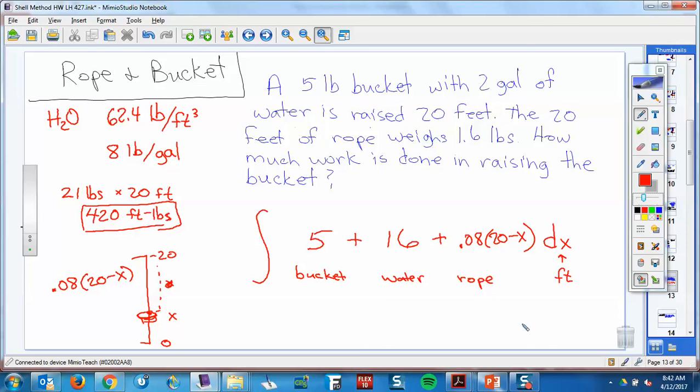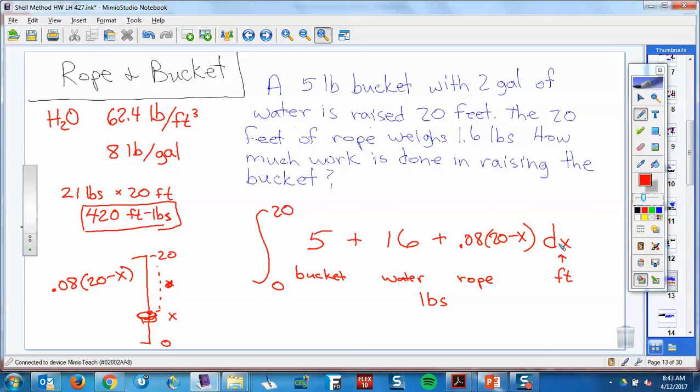When we do a rope and a bucket, it's going to lose so many pounds per foot, because the rope's going to be the same thickness all the way through. And then, what would be our interval here? 0 to 20, because we're lifting it that number of feet. So these three are all pounds, and this is feet, so that you can split them. Okay, so 0 to 20. Go ahead and type that in and see what you get.